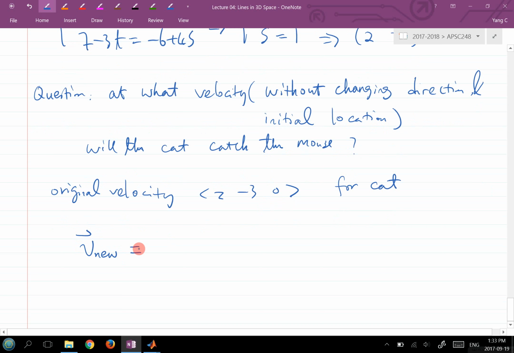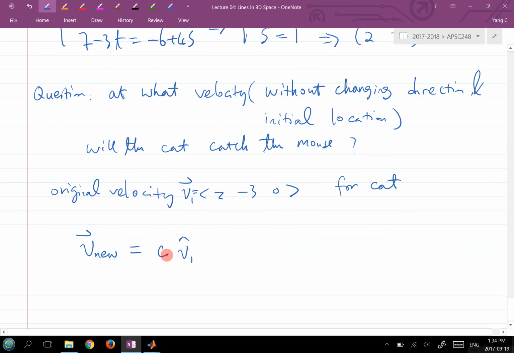So to formulate the question, when we're not changing its direction, same direction, what we can do is normalize. This is the original speed, v1. We can normalize this v1 into a unit vector first, and then multiply this unit vector by a constant c.